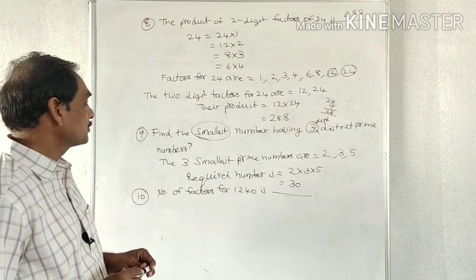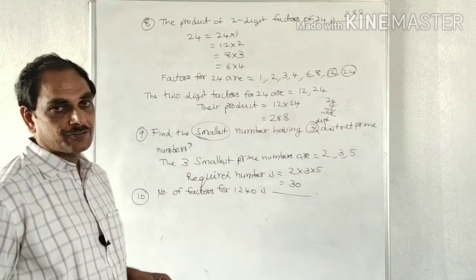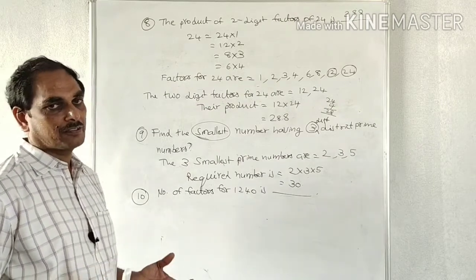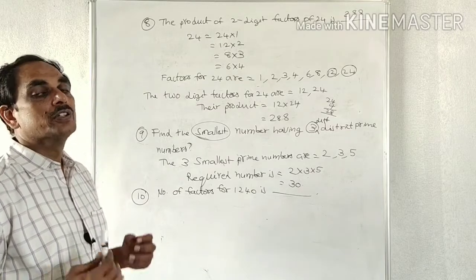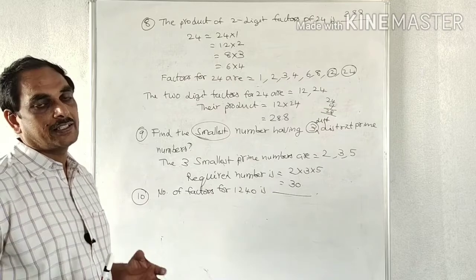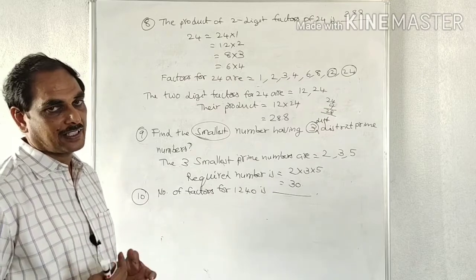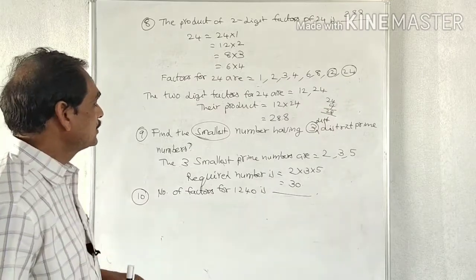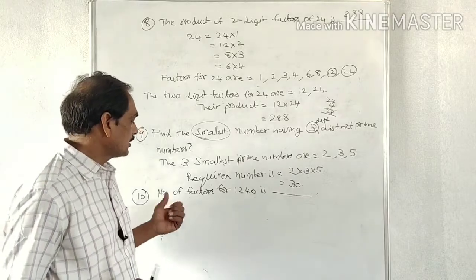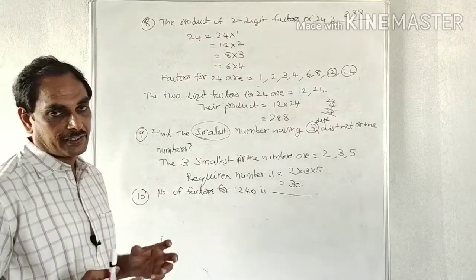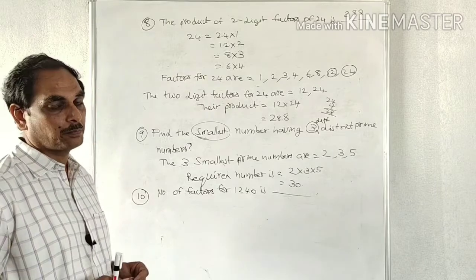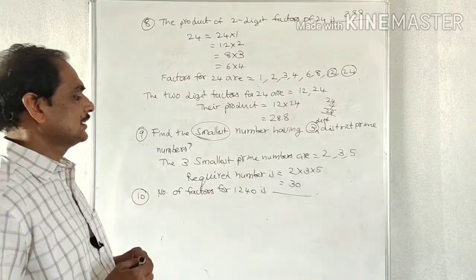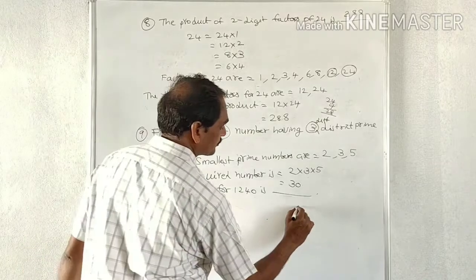Now we are going to find the factors for big numbers, or the sum of the factors, number of factors, or product of the factors. We use the formula which we already discussed in the previous class. So before finding the number of factors for any number, first we have to know the simple concept, prime factorization.